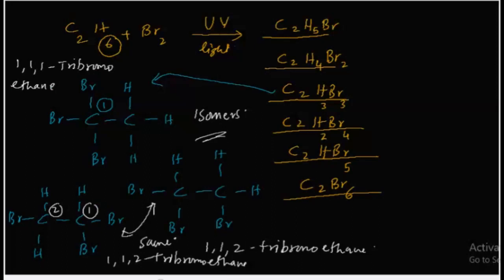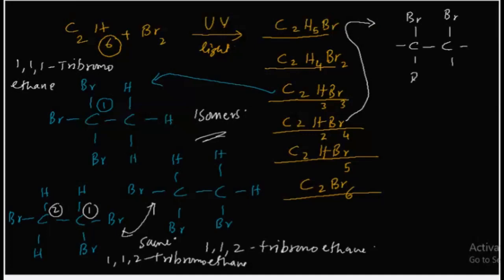So you can predict or draw the structure of any halogenoalkane, and you can name it. If you have 2 carbon and 2 hydrogen and 4 bromine, you can say these are the 2 carbons and then 4 bromine. You can attach 4 bromine anywhere.